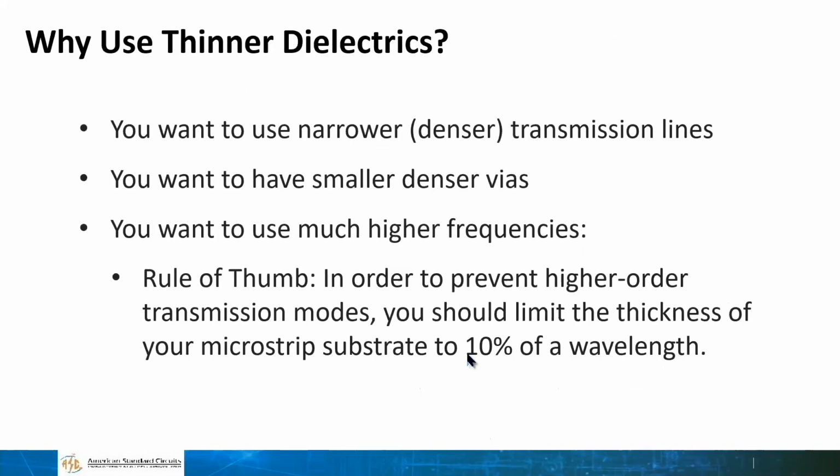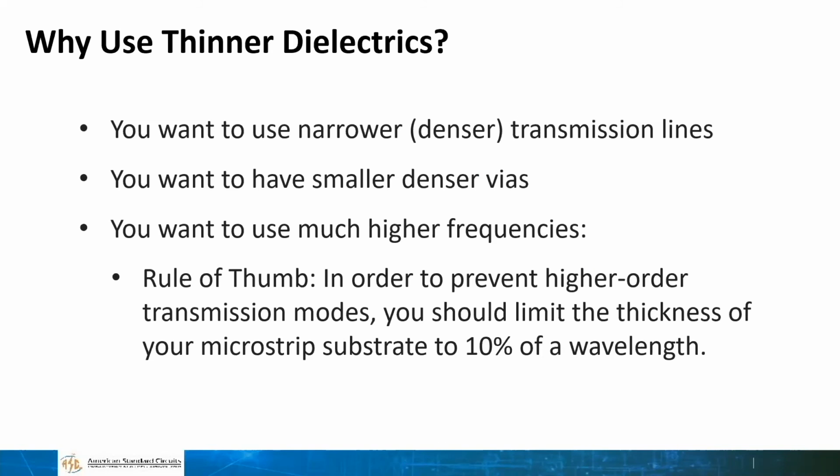So anyway, you might be wondering why you want to use thinner dielectrics, and there may be a number of reasons that have to do with the physical manifestation of the product as well. But one is that you just might want to put more density on a given layer, and so you want to use a narrower transmission line. In that case, if you want to stick with the impedance being the same, say 50 ohms, then you would have to use thinner dielectrics.